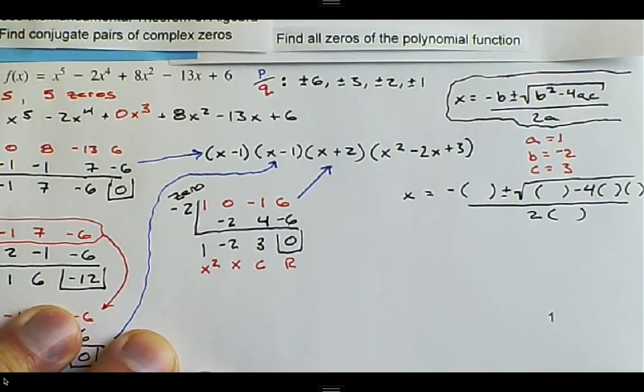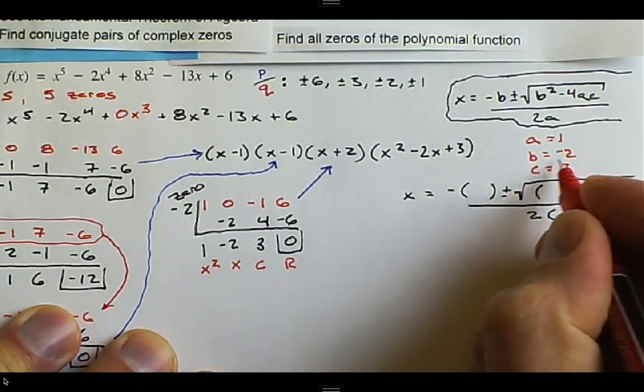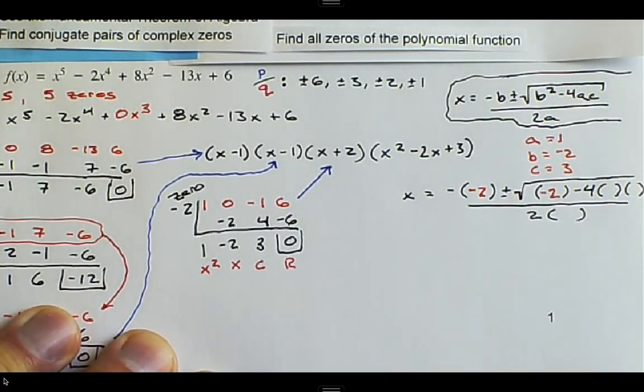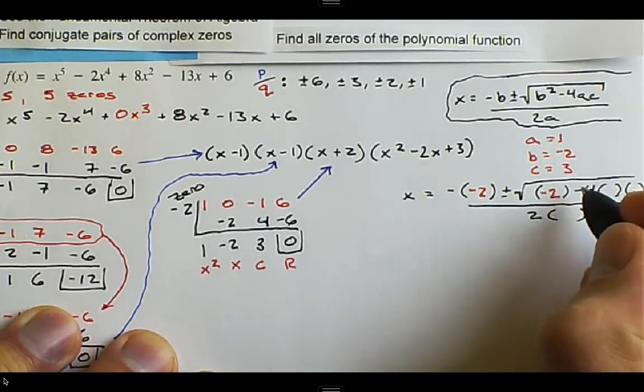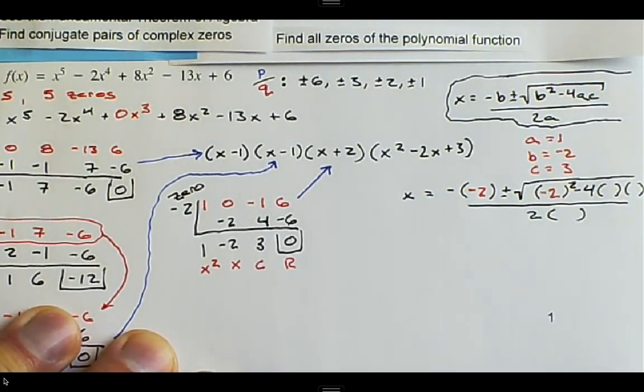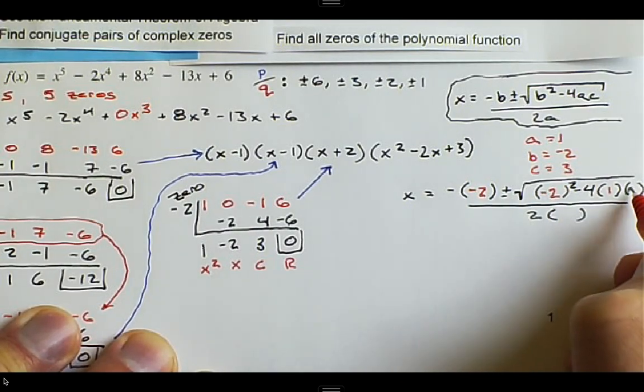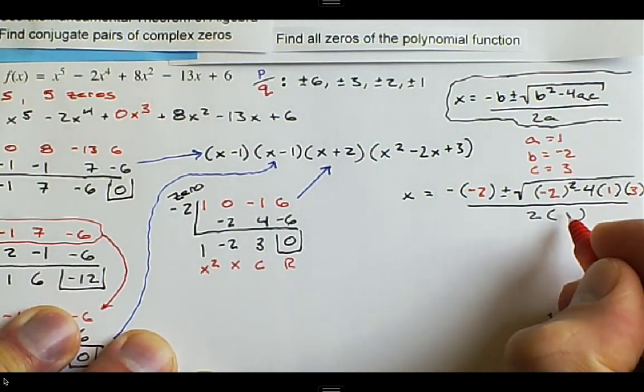We'll substitute those values in. So our b value is -2. Oh, forgot my squared term here, so I want to square this. Minus 4, a is 1, c is 3, and a is 1 again.